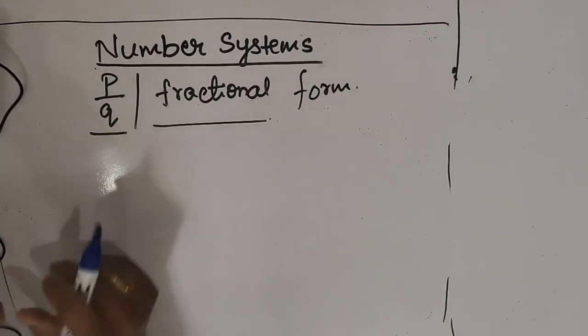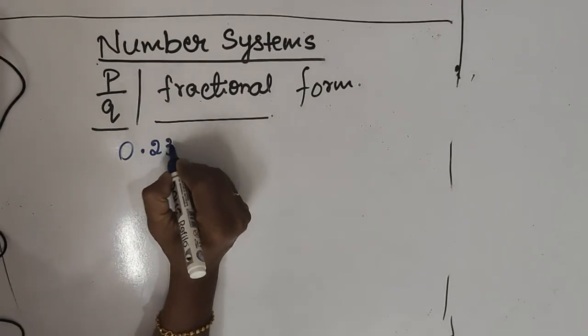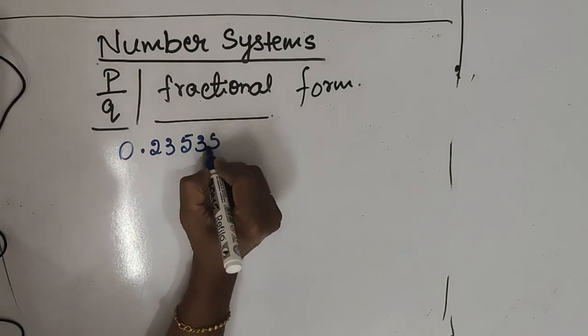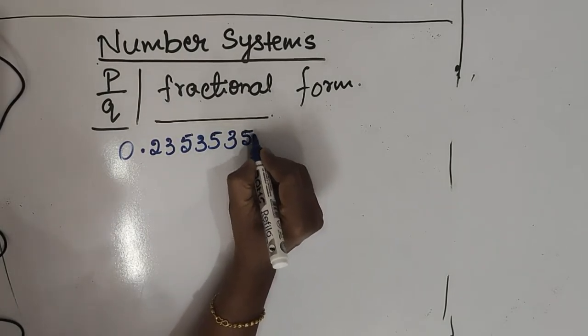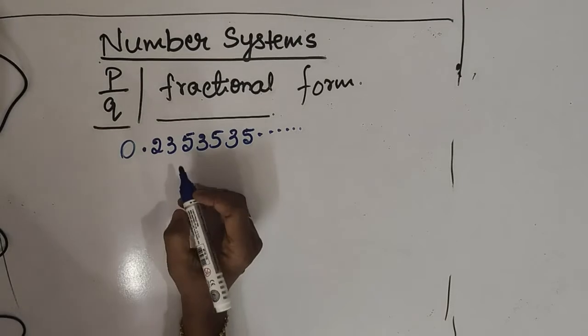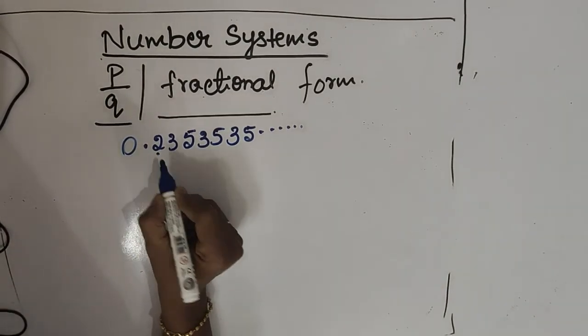Next one, show that 0.2353535 so on, in the fractional form. Now just observe, this is slightly different. See, the 2 is a different number.